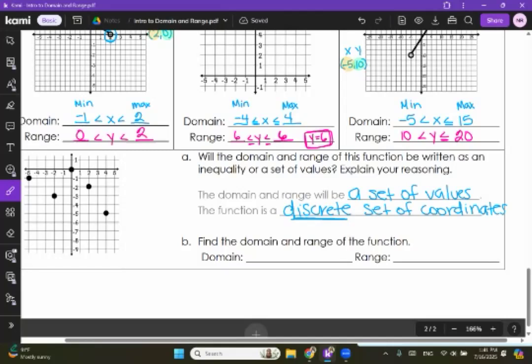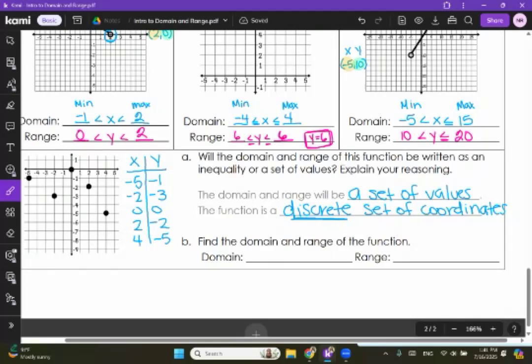Now, what would make this a lot easier, and you know where I'm going with this, is to make a table. My table: -5, -1; -2, -3; 0, 0; 2, -2; 4, -5. Okay, so find the domain and range of this function.